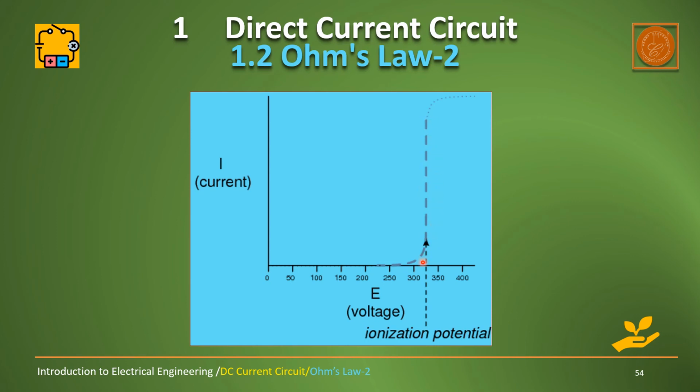As the voltage keeps increasing, the current increases like this. Even when the voltage reaches this point, the current almost stays the same, but it is very big. So we call this a non-linear circuit.